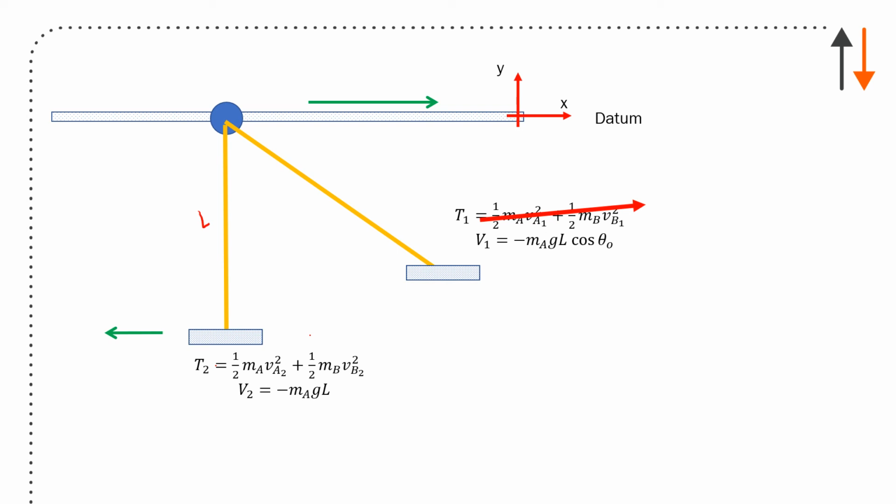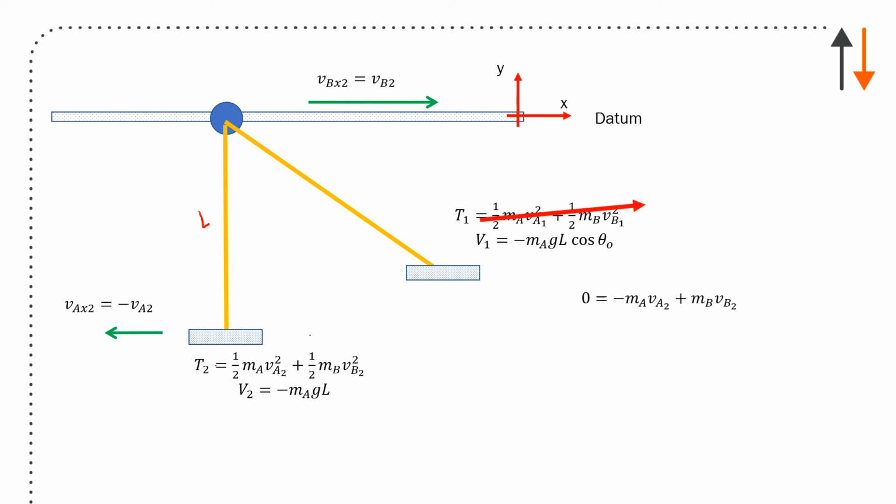I've defined again my datum up here, and so this is why these terms go as minus MA g L cos theta naught and minus MA g L. Based on all of this, I know that the velocity is going to be negative. My datum is defined here, x, minus VA2, and it's all in the x direction. Here, the trolley is constrained to move in the x direction, so VB2 is moving to the right, and it's positive.